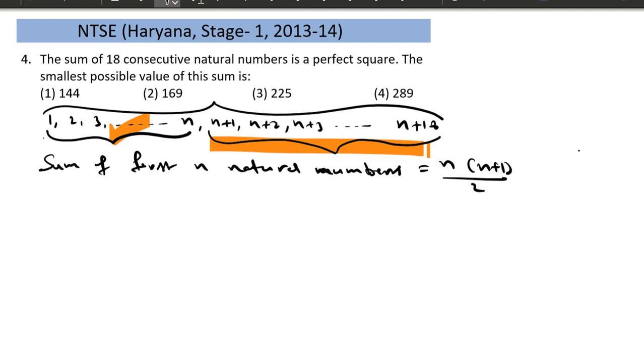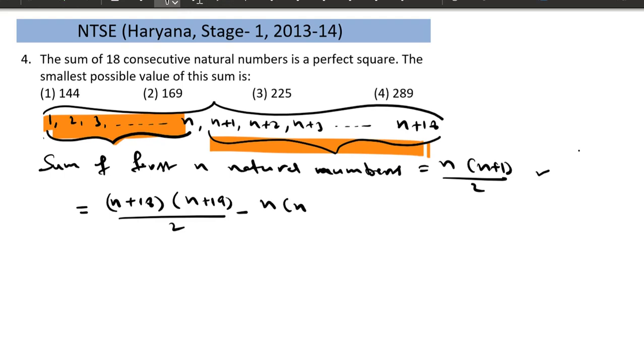Now what about the sum of the first n plus 18 natural numbers? In the place of n, I am substituting n plus 18 in the formula: n plus 18 into n plus 18 plus 1, that is n plus 19, by 2, minus the sum of the first n natural numbers, which is n into n plus 1 by 2.